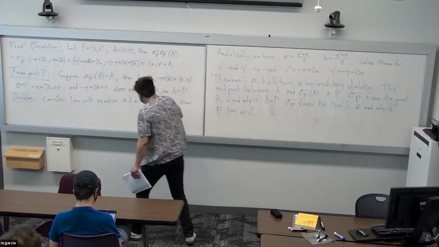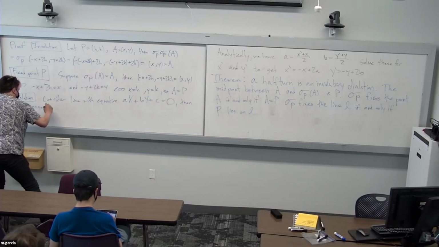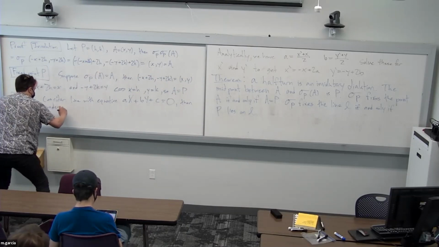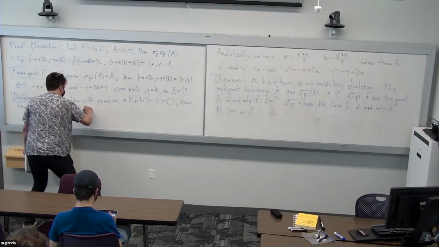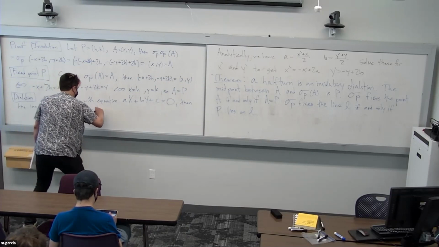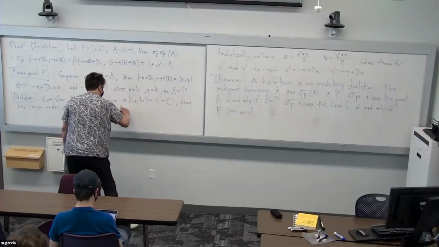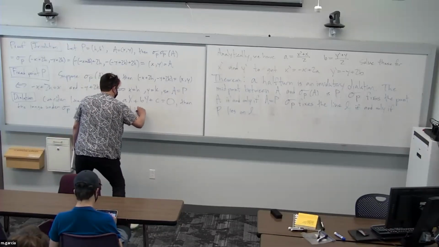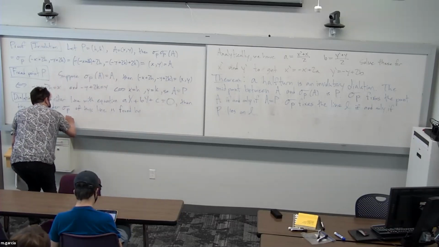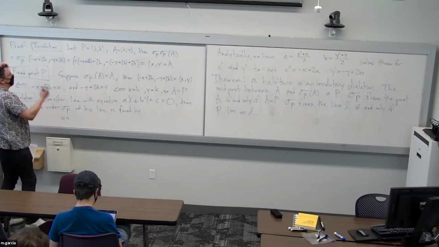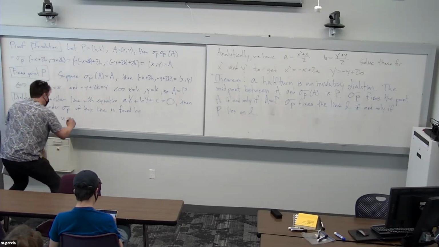Then the image under sigma sub p of this line is found by, well, the same thing we've been doing since last week. We'll set u equal to the output of sigma sub p, right?